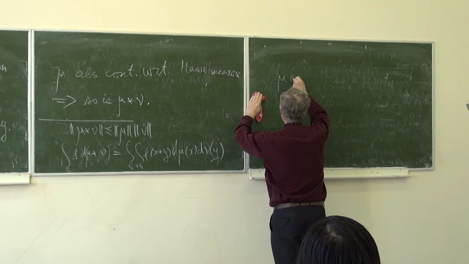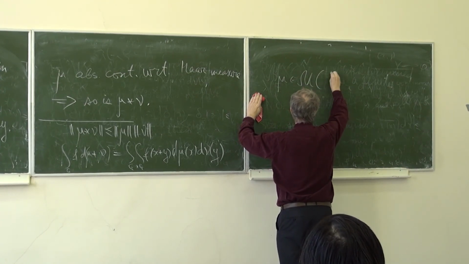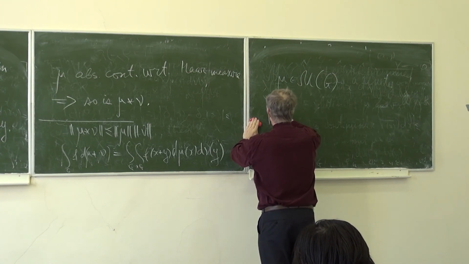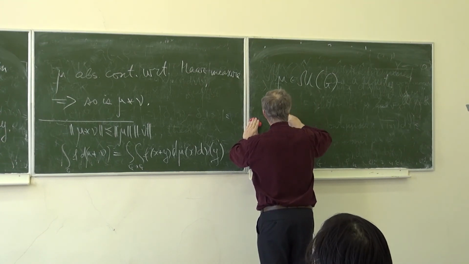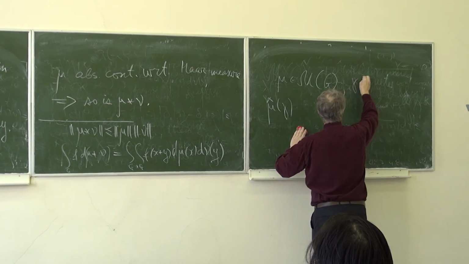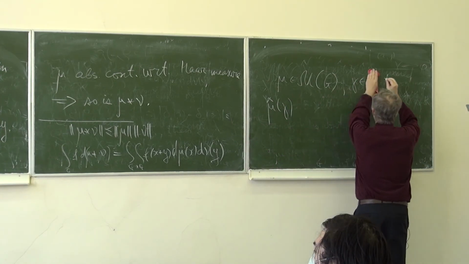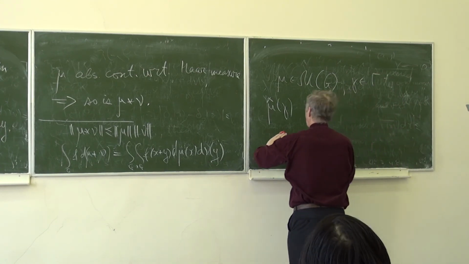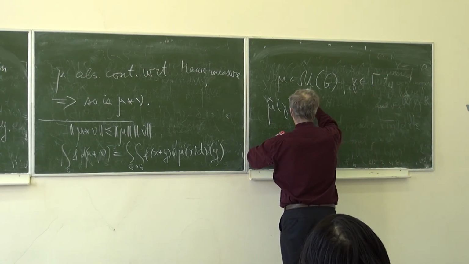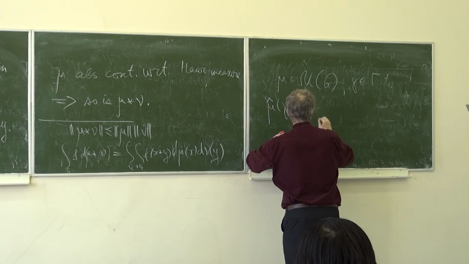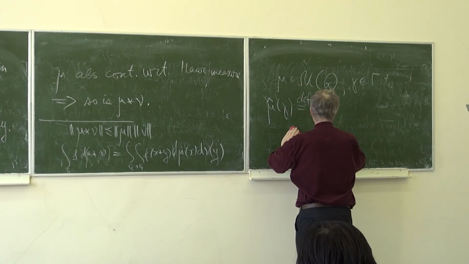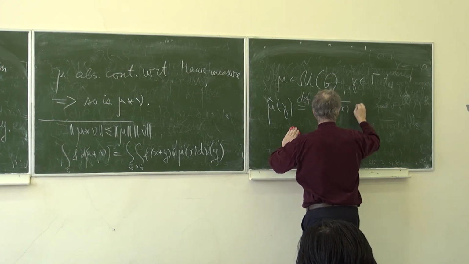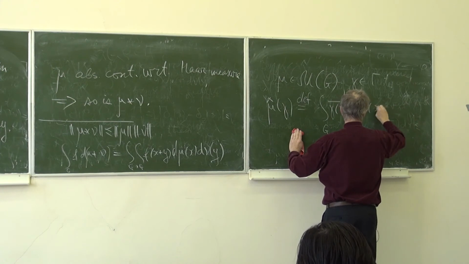So let mu be in this algebra, and let gamma be in the dual group Gamma. Then mu hat of gamma, by definition, is equal to the integral over G of gamma bar of x d mu of x.